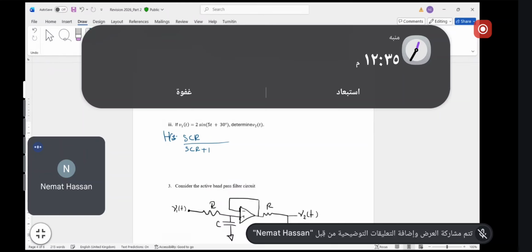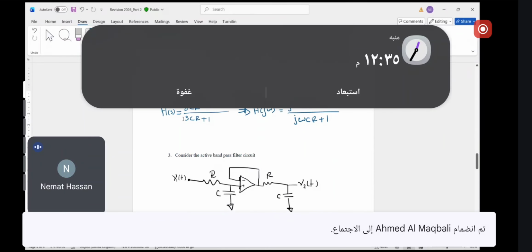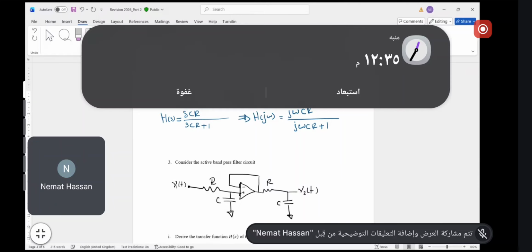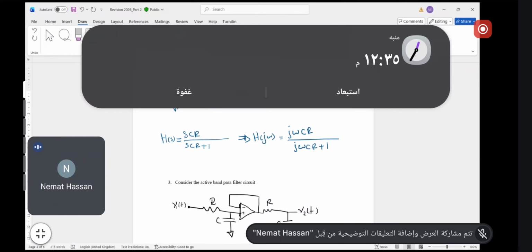That is H of S, which means that H of J omega is equal to J omega CR over J omega CR plus 1. Then all you have to do is repeat the same process. We will use the concept that V2 should be equal to H times V1.